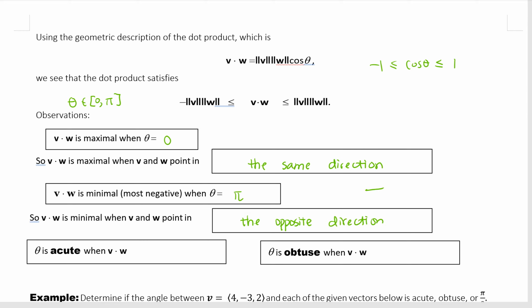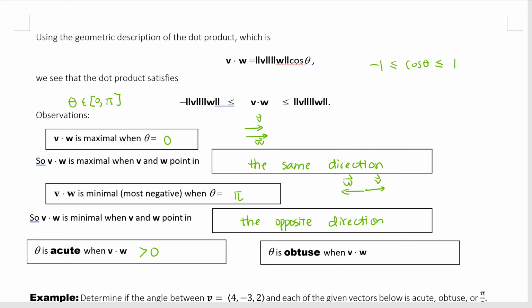Okay, so picture, we have the V here, we have the W here. And here we have the V and we have the W. Theta is acute. So acute means cosine of theta is positive, right? So the dot product will be positive.